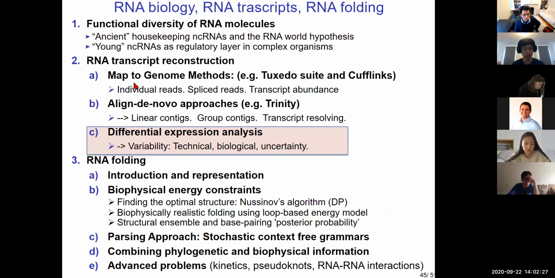Once you've done all that, you now have quantifications of the number of reads for every location. You'd like to start inferring differential expression between them. The advantage of de novo compared to mapping to the genome is that you can apply it to species that simply don't have a genome, or you could find transcripts from regions of the genome that are not very well covered in your assembly.